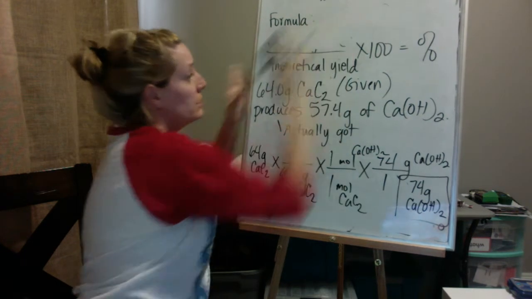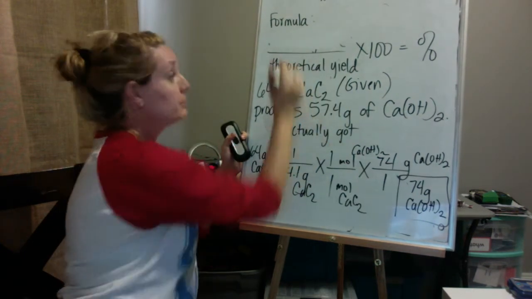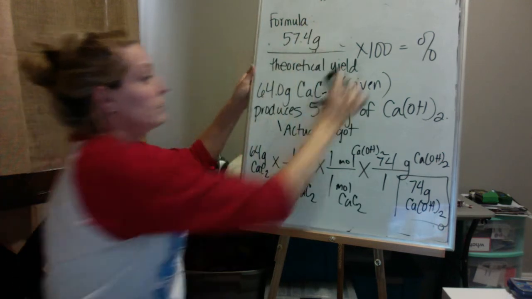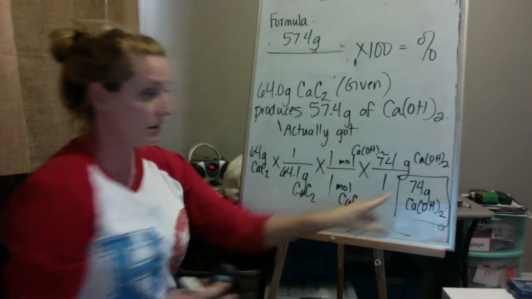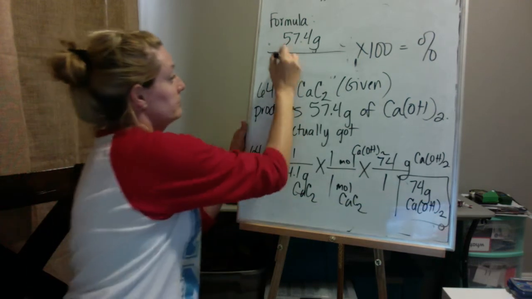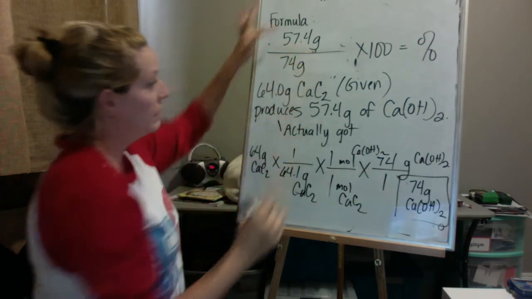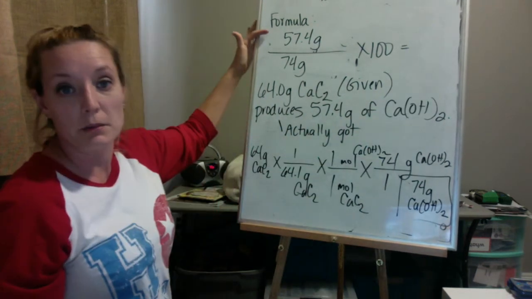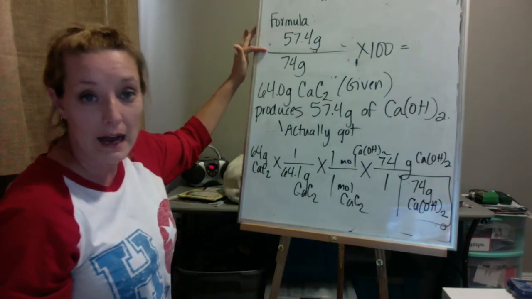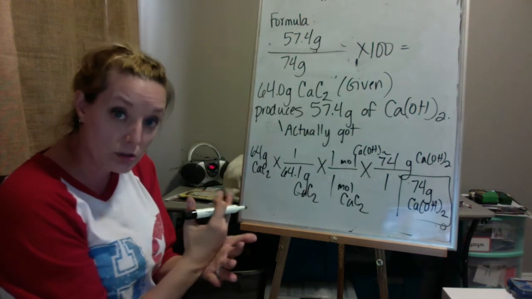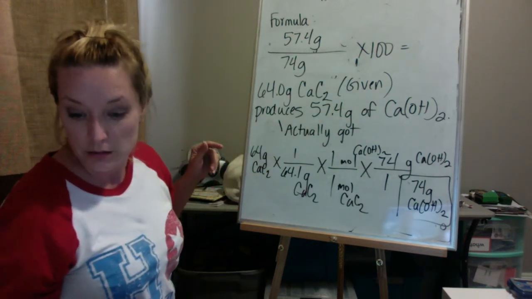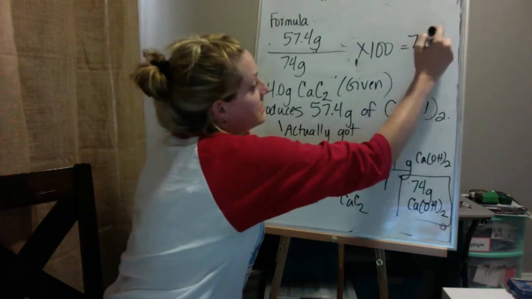My actual yield comes from my problem. My theoretical yield comes from the math I did. When I divide that out and multiply by 100, this number goes in first, 57.4 divided by 74, equal sign, times 100, I get 77.6%.